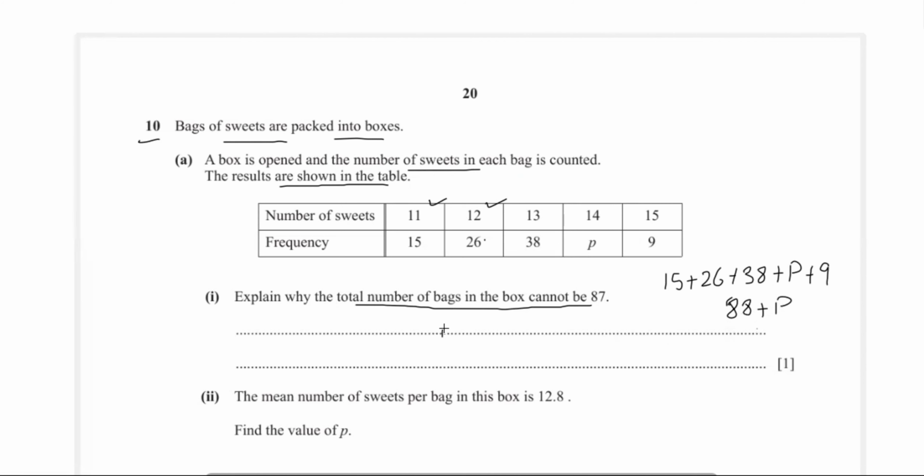For 87 bags, P will be negative, and negative is not possible.